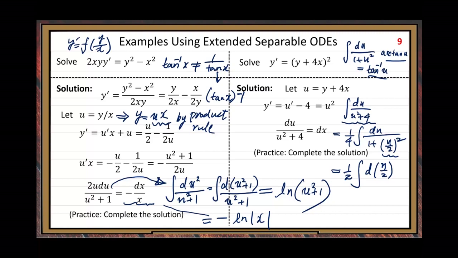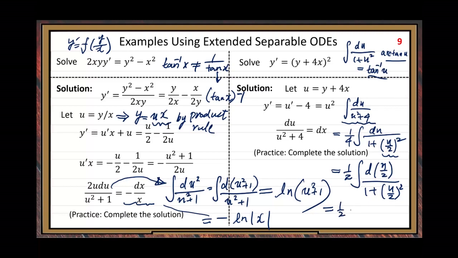After we move it in, you see 1 plus u over 2 squared. This new form, does it match our original formula? Just replace u by u over 2. Does it match the exact form of the original formula? Yes. So the last step, we write the answer.